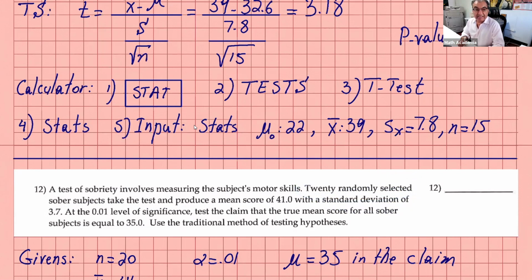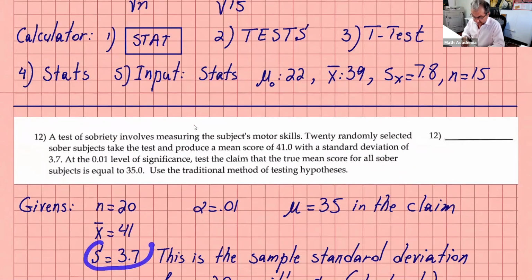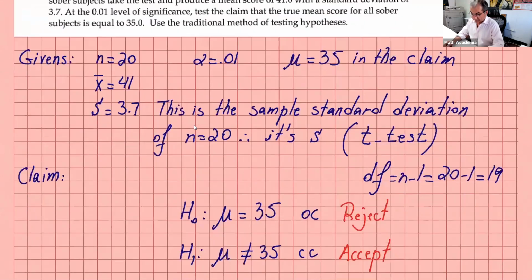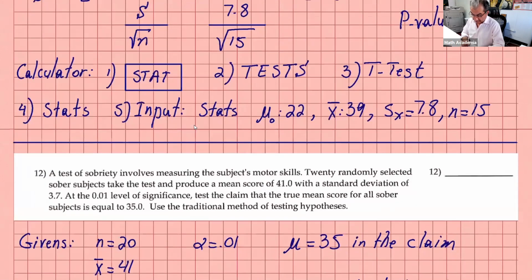So it's a sample standard deviation. That means it's S. It doesn't say population standard deviation or true standard deviation. This is only for the sample. So right away, we know it's going to be a t-test. So let's see what it says.